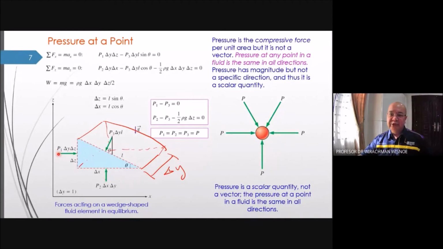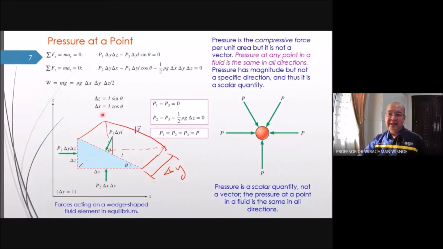In the x direction, I have P1 delta y delta z minus P3 sin theta delta y L equal to 0. P1 delta y delta z is to the right, positive. This P3 delta y L, if I project it to the horizontal plane, becomes to the left, negative. P3 sin theta delta y L, this one, equal to 0 because we have equilibrium.